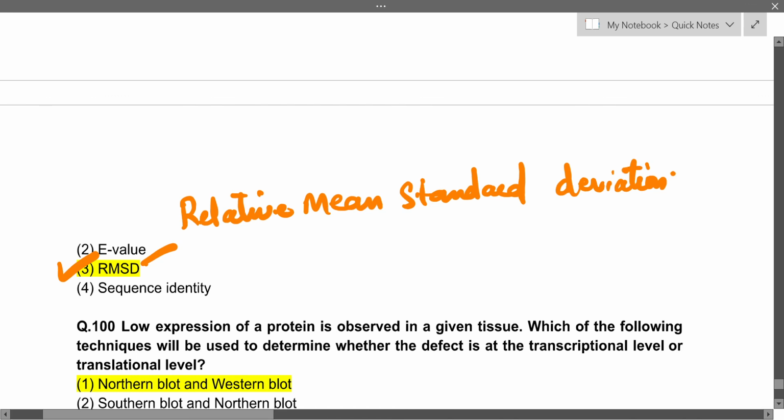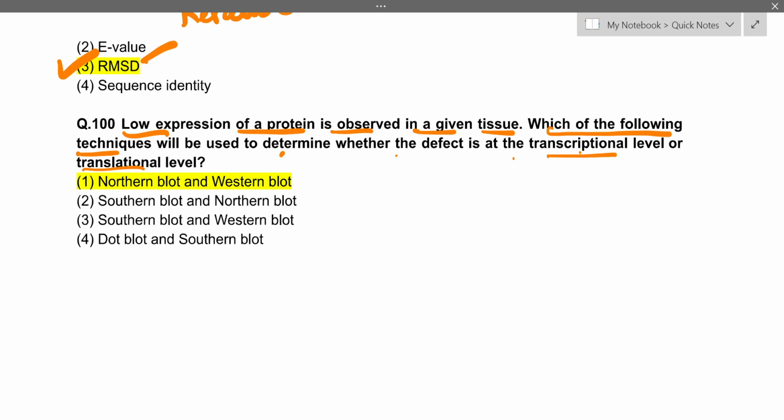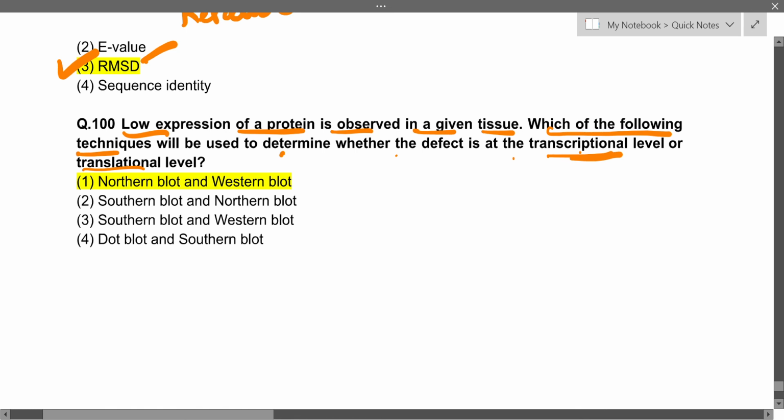Okay. Next, low expression of protein is observed in a given tissue. Which of the following techniques will be used to determine whether the defect is at the transcriptional level or translational level? To study the expression at the transcriptional level, we use northern blotting.